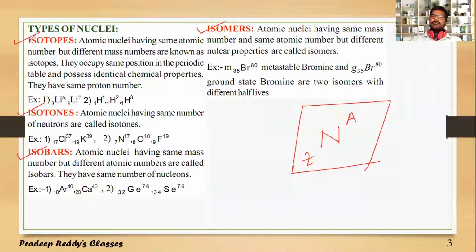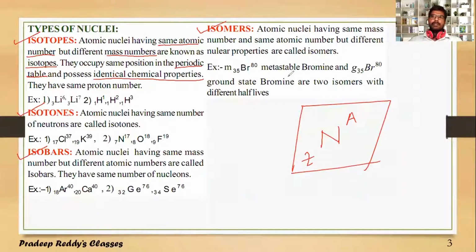The first category is isotopes. Isotopes are atomic nuclei which have the same atomic number but different mass numbers. They occupy the same position in the periodic table and possess identical chemical characteristics.